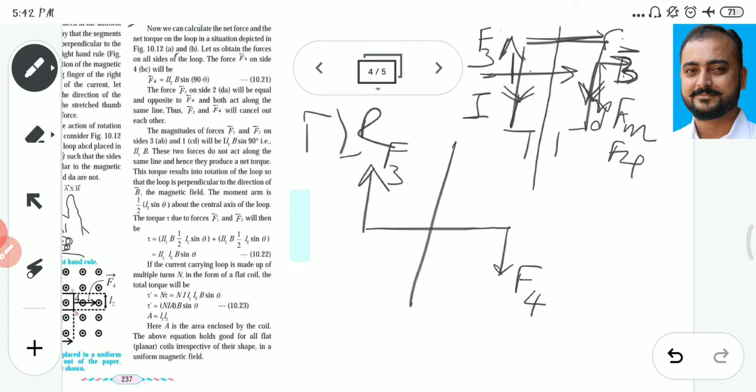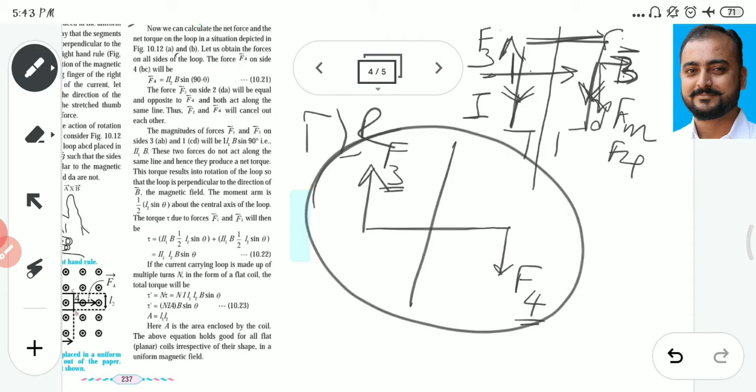These two forces are equal in magnitude and opposite in direction, and we know that two forces acting at different points on a body, having equal magnitude and opposite direction, form a torque. So torque is developed on this wire.